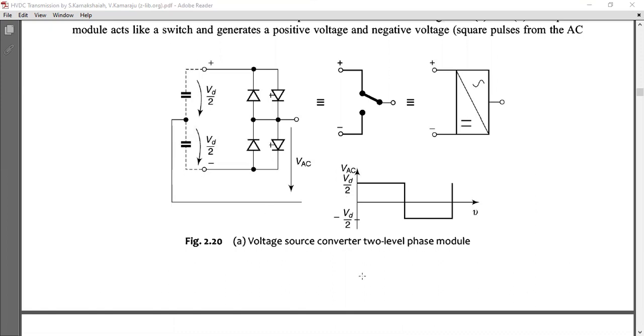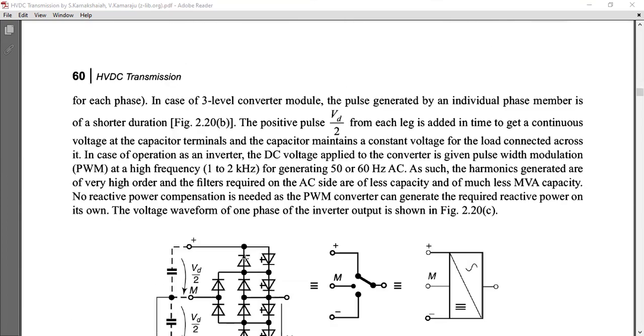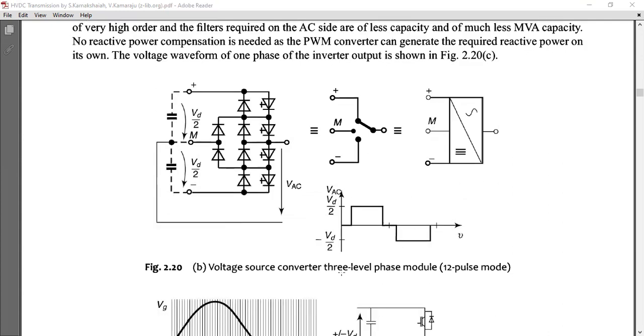See here, this is the 2-level phase module, and this is the 3-level phase module. These phase modules are individually shown for 2-level and 3-level.